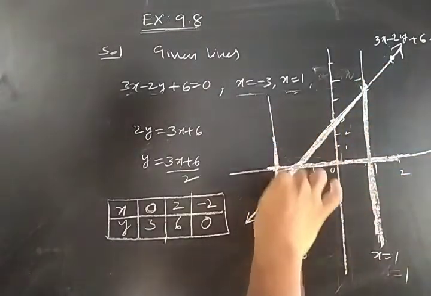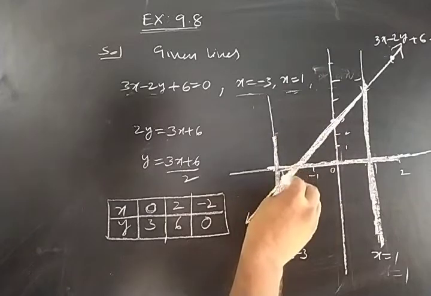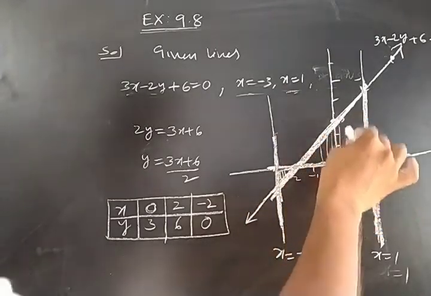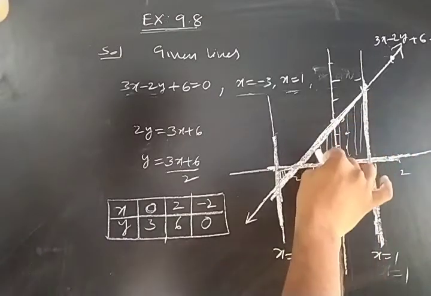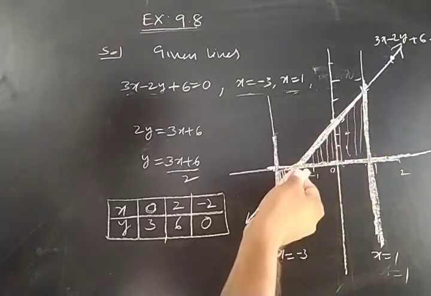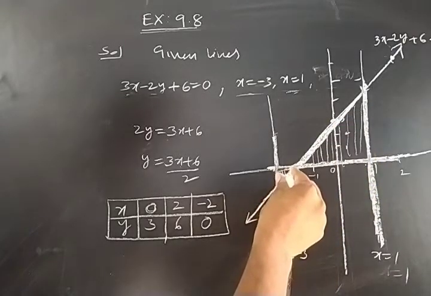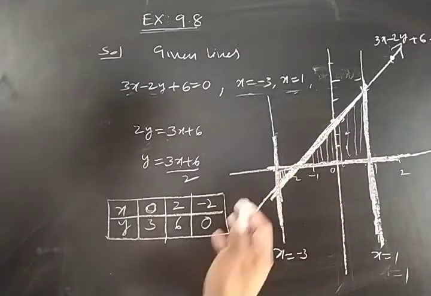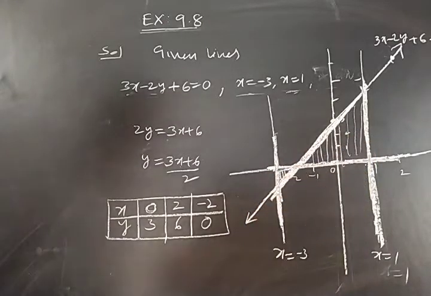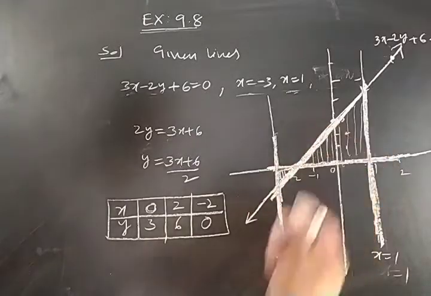This is the bounded region here. So we have a bounded region above the x-axis and some part below the x-axis. So separately we have to calculate the area of the regions using integration. Then after we have to add it.